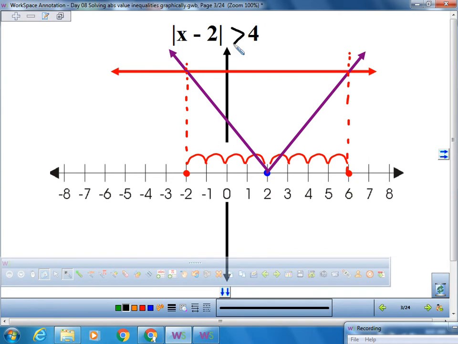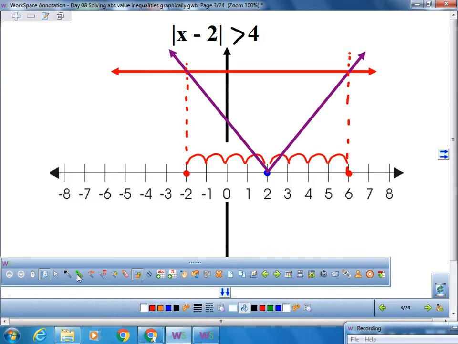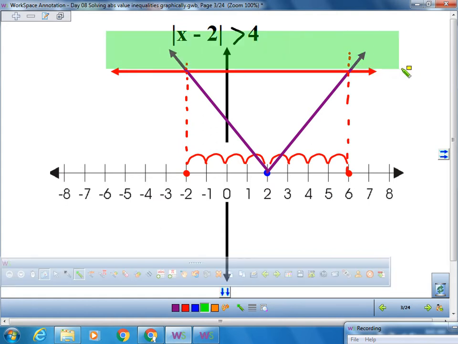So where on the v is greater than 4? Can you guys visualize it? So where am I going to shade? Am I going to shade above the 4 line, or am I going to shade below it? Above it, because it's greater than. I'm going to shade above it.